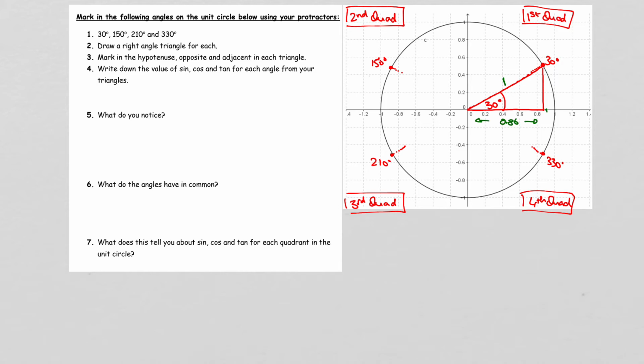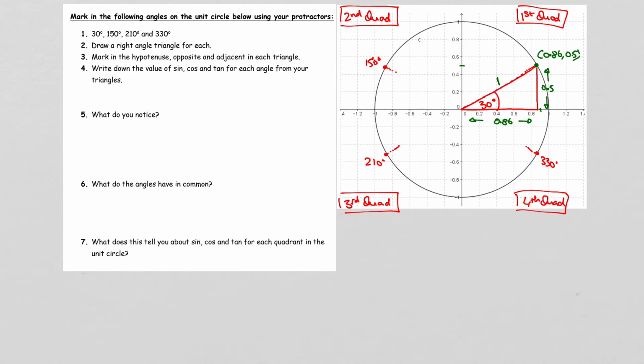And I can see I've gone up halfway between 0.4 and 0.6, so that's 0.5, from the x-axis up. So in other words, the coordinate that's marking out this angle of 30 degrees is out to 0.86 and up to 0.5.